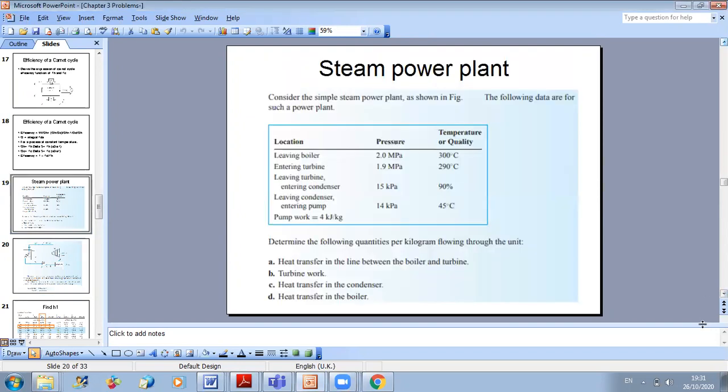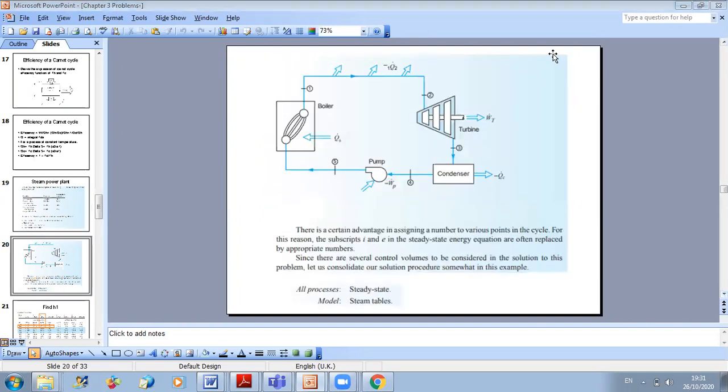So here they told us that we have some losses along this pipeline. So we should also add a fifth stage if you want. In addition to stage 1, 2, 3, 4, we have a certain stage where we lose heat when we go from the boiler to the turbine. And this should be taken into consideration in our calculations.